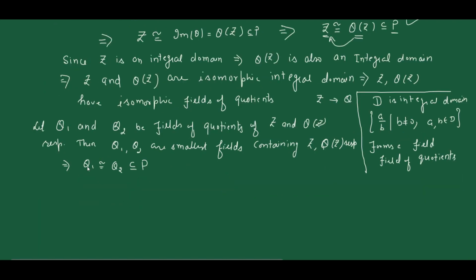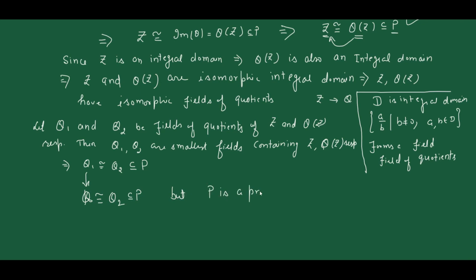Now because Q1 is the field of quotients of the integers, it is nothing but the field of rational numbers, which is isomorphic to Q2. Let me correct this. So Q is isomorphic to Q2, and Q2 is contained in P, but we have assumed that P is a prime field.